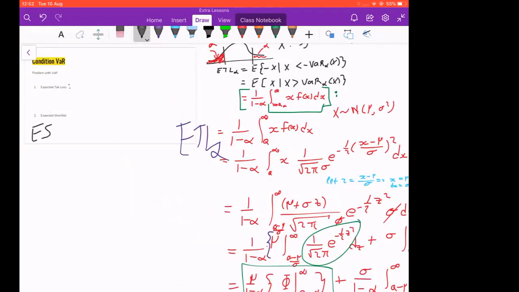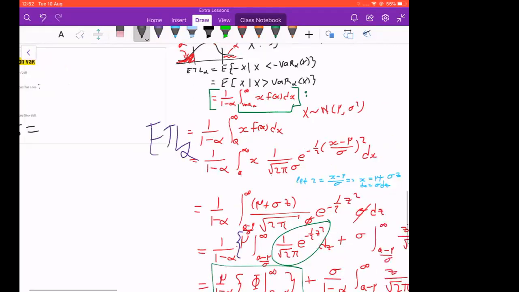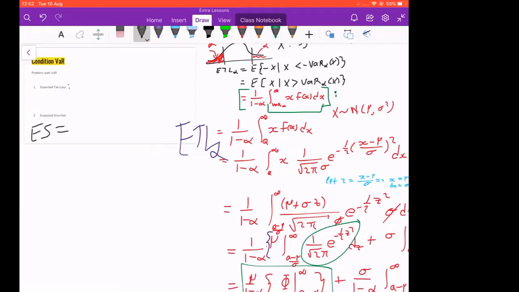There's a problem with the expected tail loss, that you should find the value of VaR first before you calculate it, which can be difficult to find, right?